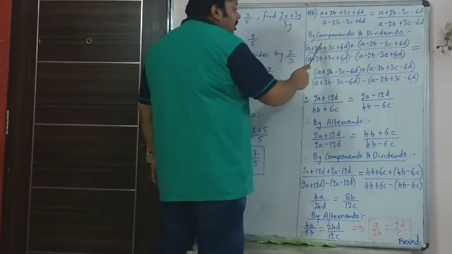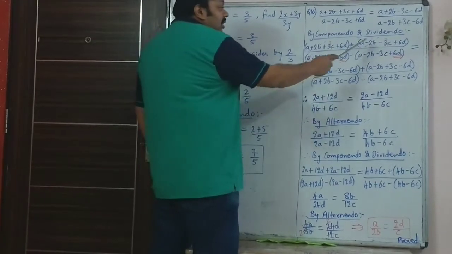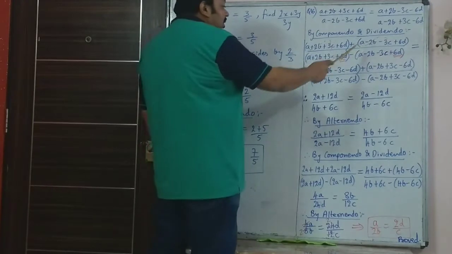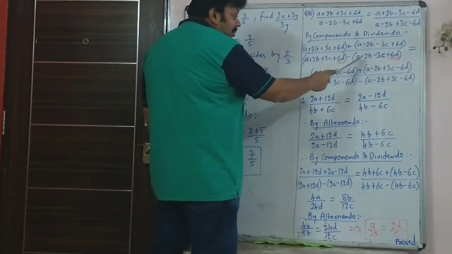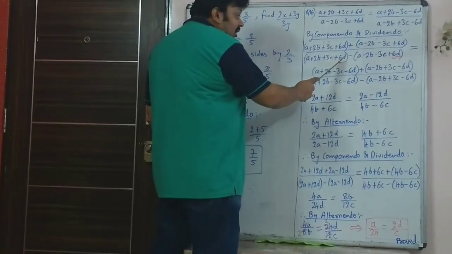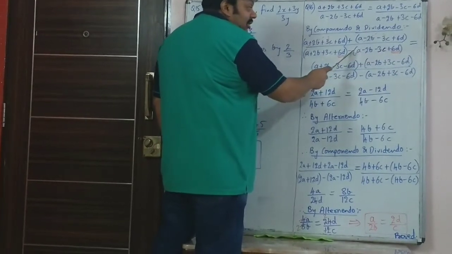In the numerator, 2b and minus 2b will cancel, 3c and minus 3c will cancel, and in the denominator, because it is minus, a minus a will cancel, then 6d and minus 6d will cancel because there is a minus sign here.